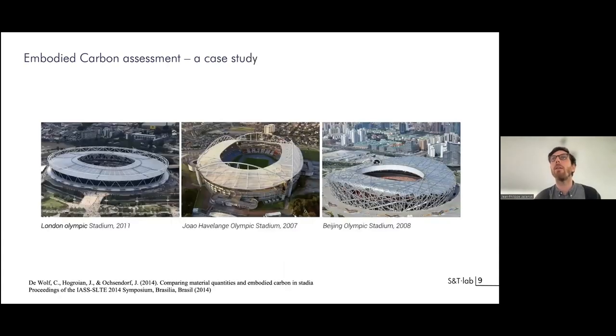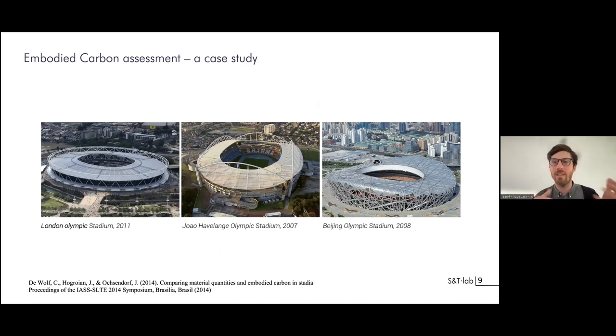I like this example because of the small history behind it. This paper was presented in 2014 in Brasilia, Brazil, at the IASS conference, and the researcher Catherine de Wolf, who is now a professor at ETH Zurich, decided to analyze different stadiums because it was the time of the World Cup in Brazil.